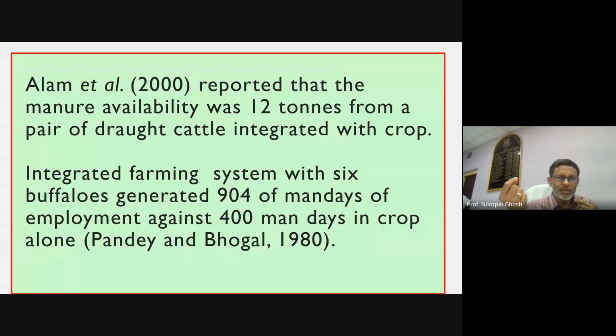This information is based on one result. So many researches are going on in this field nowadays. And then integrated farming system with six buffalo generated more than 900 man days of employment against only 400 man days in crop production alone.